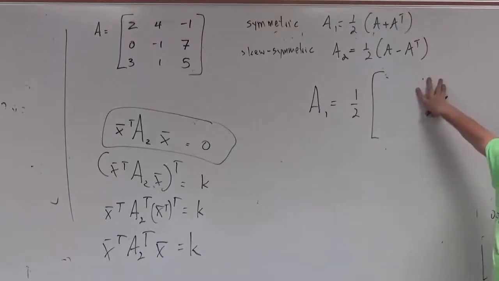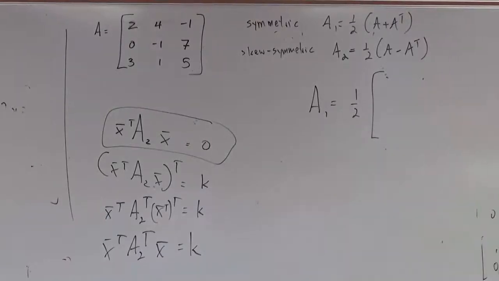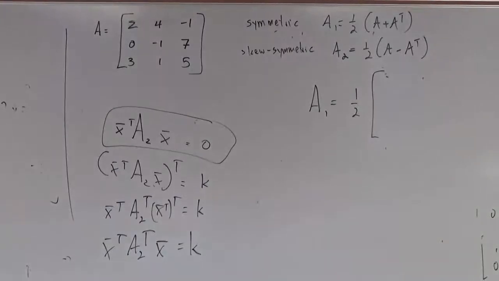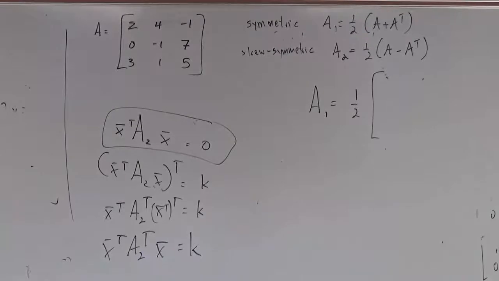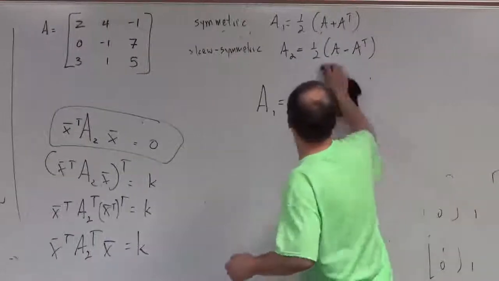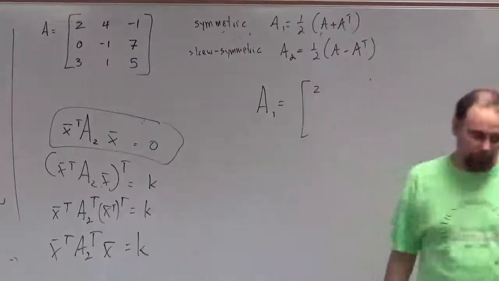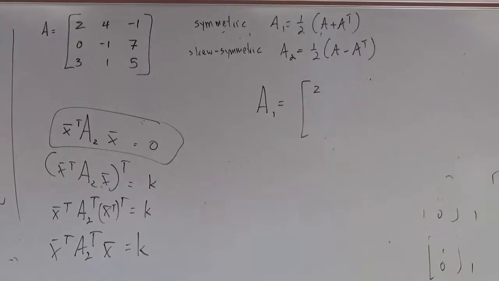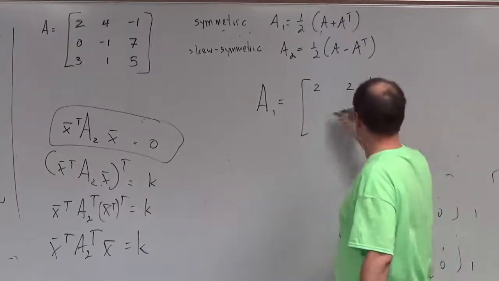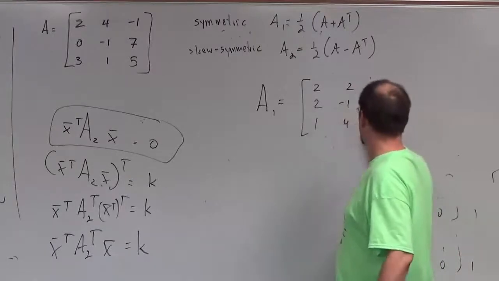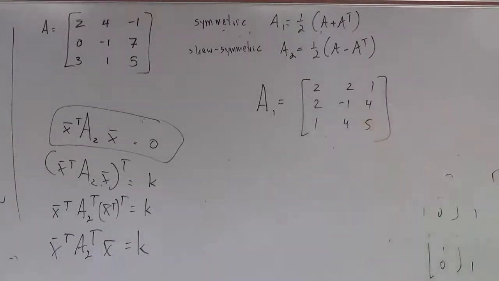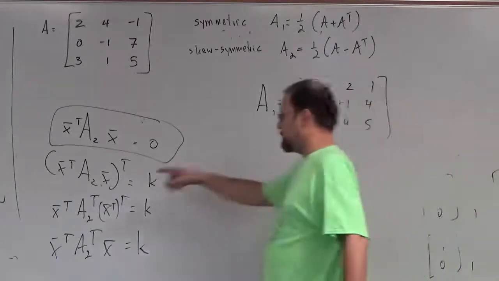Anyway, we just compute this: write A plus A transpose and multiply by half, and we get 2, 2, 1. So that would be our answer for B and C.